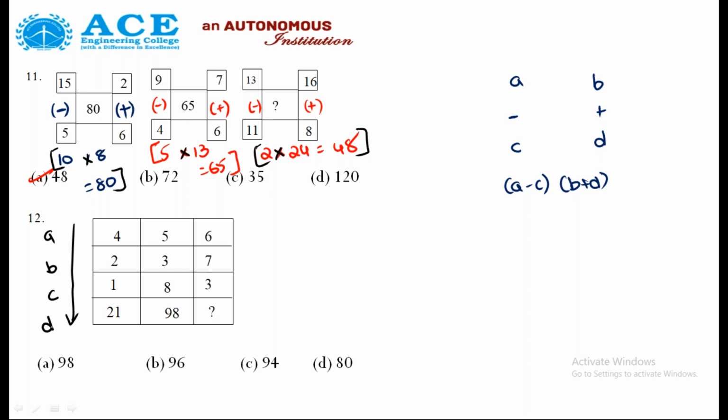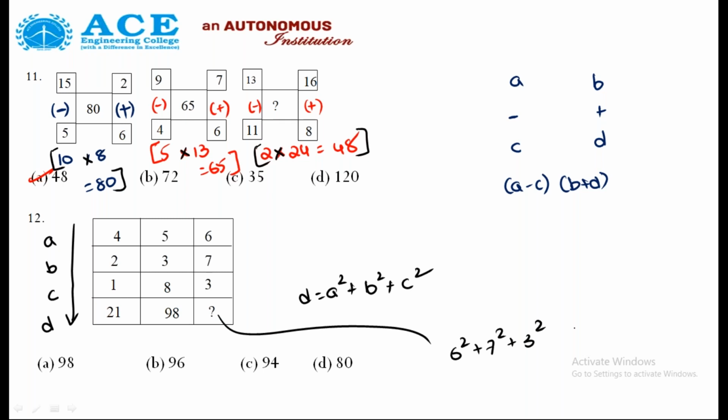A, B, C, D. We can write D is nothing but A square plus B square plus C square actually. 4 square plus 2 square plus 1 square. Likewise, if you just see here, 6 square plus 7 square plus 3 square, which will give 94 actually.